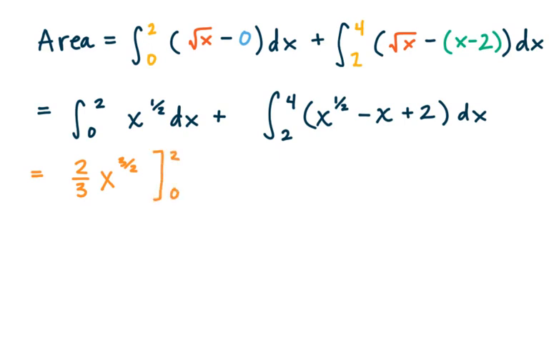We need to evaluate that from 0 to 2, plus, again, we'll get that same term, 2/3 x to the 3/2, minus x squared over 2 plus 2x, evaluated from 2 to 4.